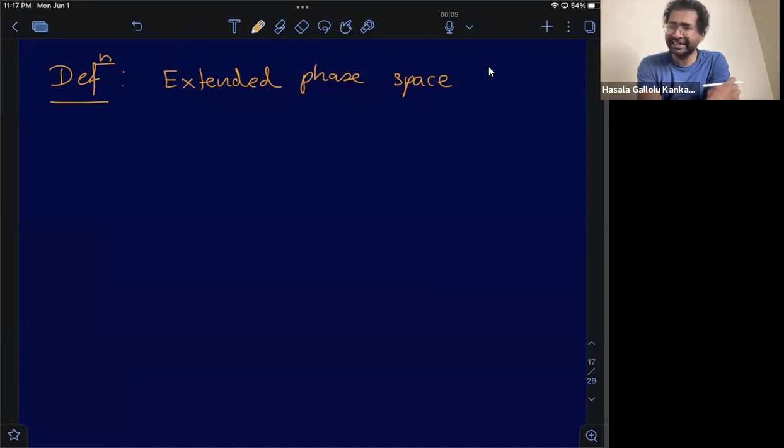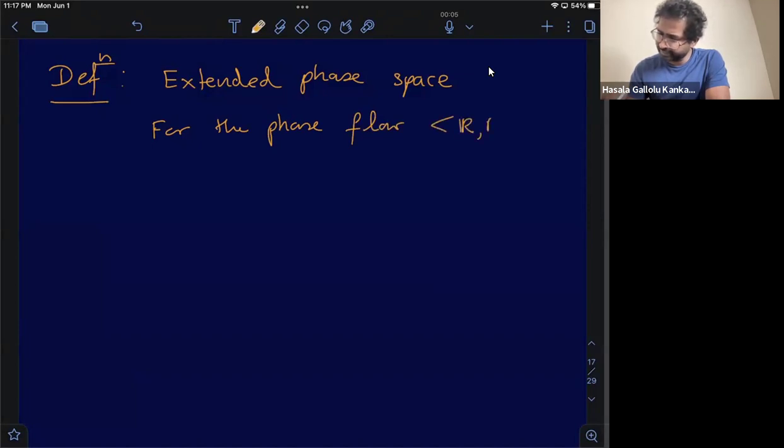simply means, I mean, it has a very simple idea for the phase flow that we consider in this way. So let's consider this object, this combination as a single object as the phase flow.